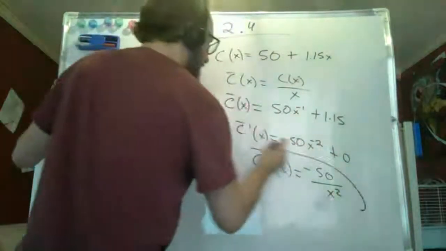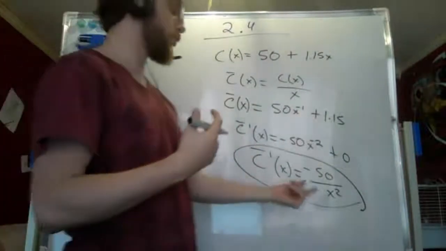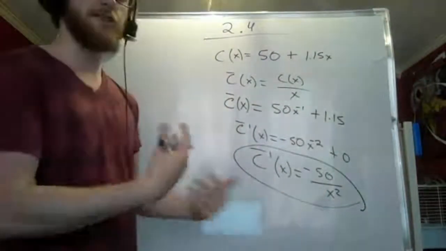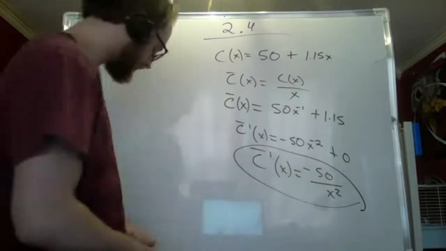And there you have it. That's a final answer. It doesn't ask us for what the marginal average cost is for a particular x, so this is as far as we can take it. This is our final answer for this question.